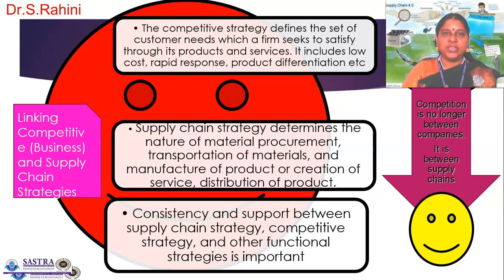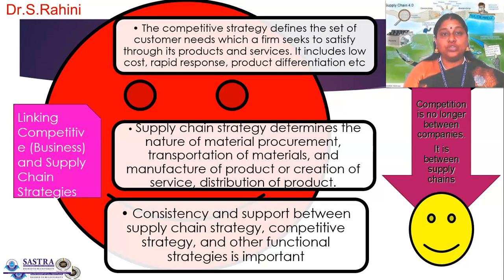So supply chain strategy determines the nature of material procurement, transportation of materials, in what vehicle you are going to send it, how fast you are going to send it, and what is the safety of the material, or what is the quality of the material. Already I talked about the chocolate manufacturing companies. They want very cool packing, all those things.